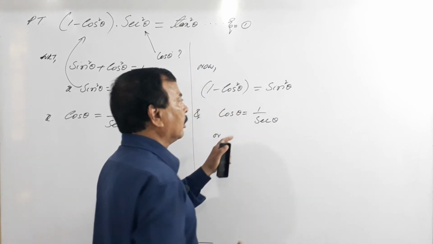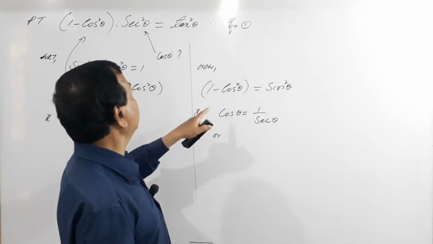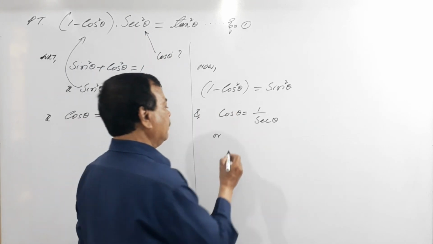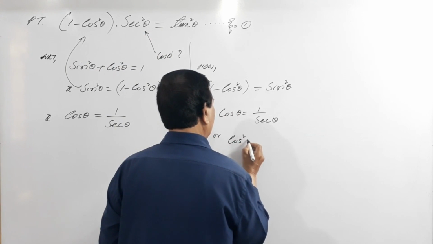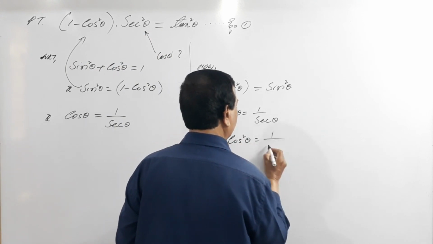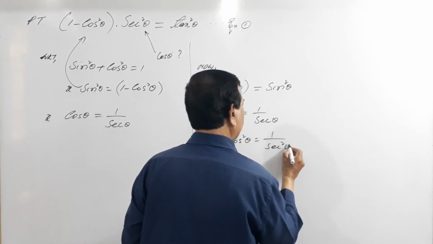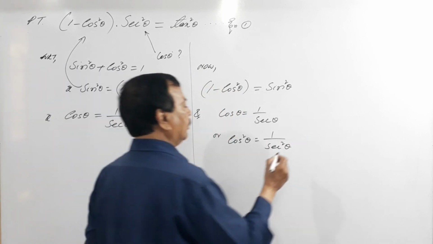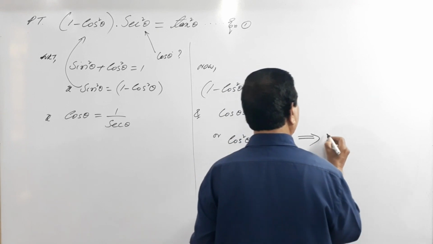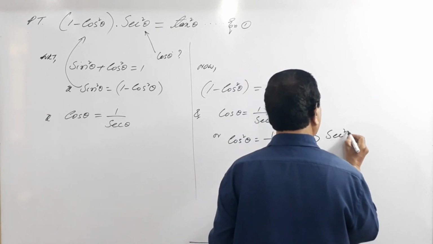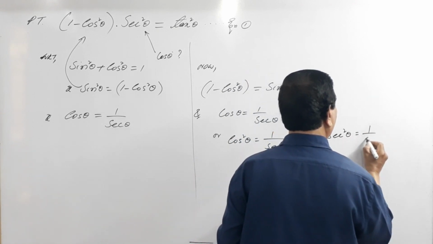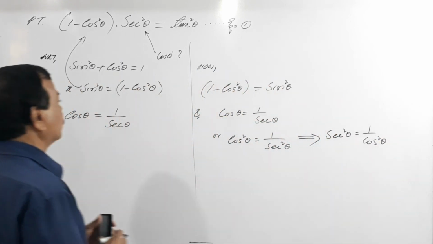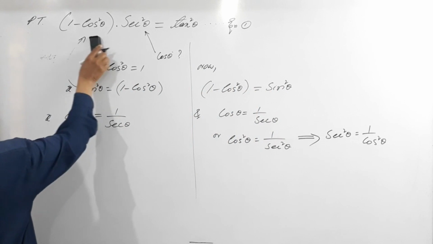Or we want cos square, that is secant square. So what happens here? If you square both sides, it becomes cos square theta equals to 1 by secant square theta, isn't it? That is nothing but secant square theta equals to 1 by cos square theta, because they are reciprocals. So what I will do, I will substitute the values.